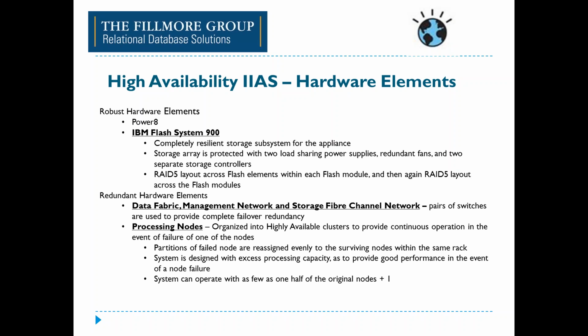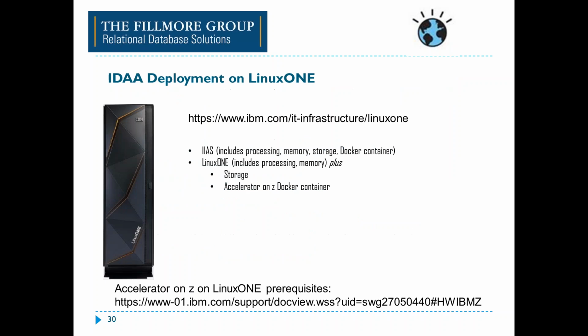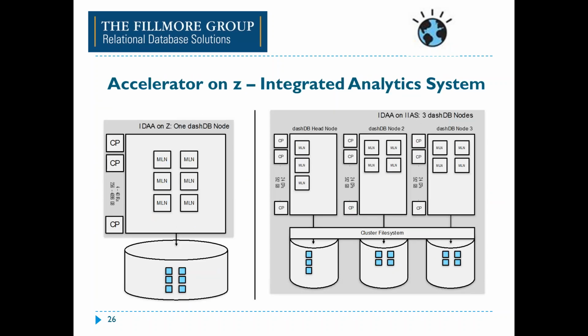I'm going to go back to an earlier screen because it's important. On the DPF implementation on IIAS, each node has its own storage, but the storage is addressable by each of the other nodes.